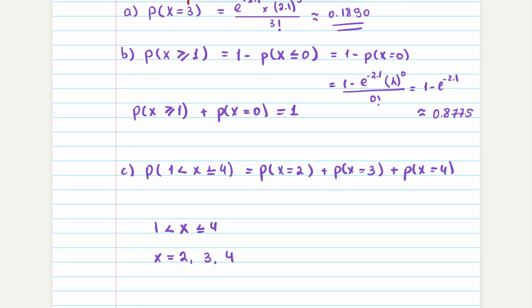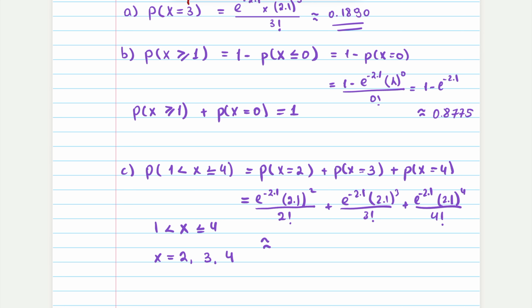So to find the probability of x being between 1 and 4 inclusive, we can just find the probability of x being 2 and add it to the probability of x being 3 and add it to the probability of x being 4. So we are again going to use the same formula: e to the power of negative 2.1 times 2.1 squared divided by 2 factorial, plus e to the power of negative 2.1 times 2.1 cubed over 3 factorial, plus e to the power of negative 2.1 multiplied by 2.1 to the power of 4 divided by 4 factorial.